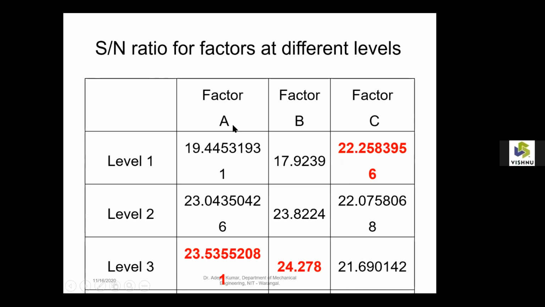So A at level 3, B at level 3, and C at level 1: A3, B3, C1 is your optimum condition. By looking at this table, you can see that A3, B3, C1 is the optimum condition, because the signal to noise ratio is higher at these levels.